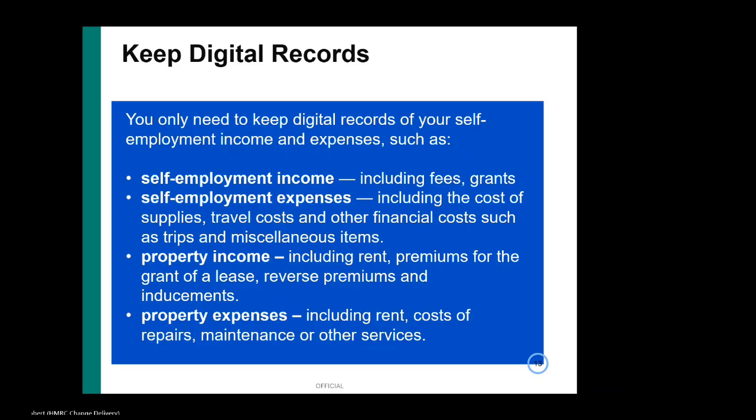You only need to keep digital records of your self-employment and property income and expenses, such as self-employment income, including sales, takings, and fees, self-employment expenses, including the cost of stock, travel costs, office costs, and financial costs, property income, including rent, premiums for the grant of a lease, reverse premiums, and inducements, property expenses, including rent, costs of repairs, maintenance, or other services.